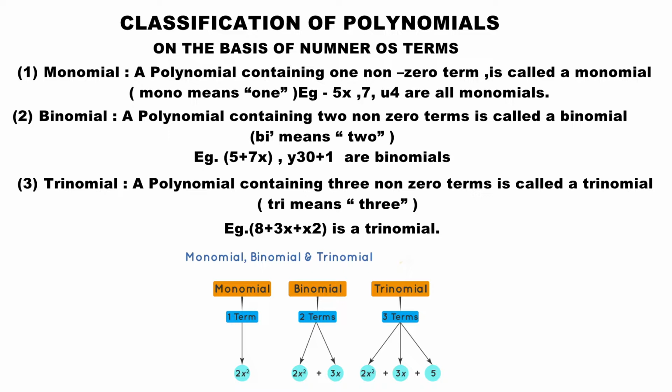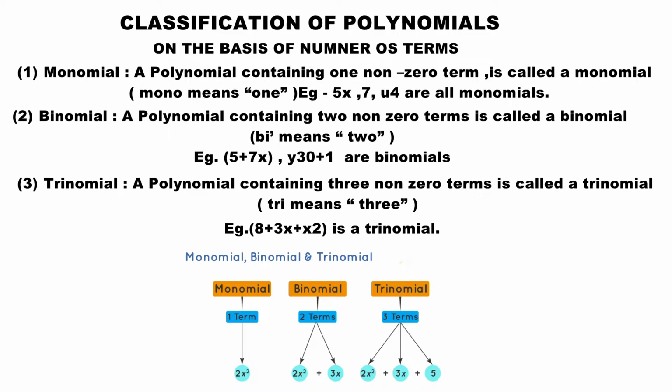Now let's discuss binomial. A polynomial containing two non-zero terms is called binomial. Example, 5 plus 7x, y raised to the power 30 plus 1 are binomials. In binomial, bi means 2.